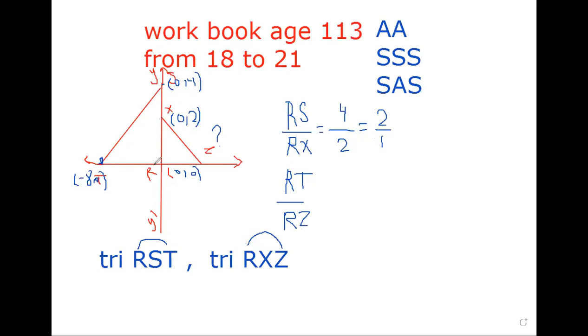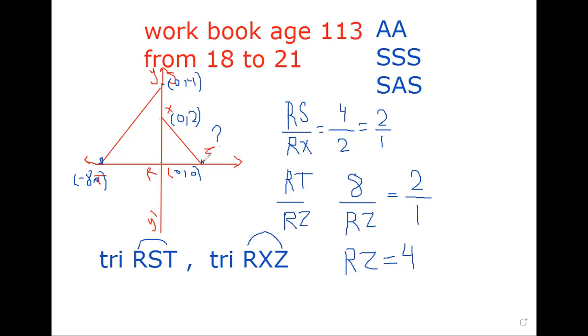Then RT equals 8, and RZ we don't know, and the ratio should be 2 over 1. How will you find the distance for RZ? 8 divided by 2, so RZ equals 4.